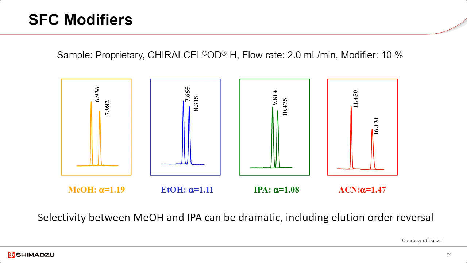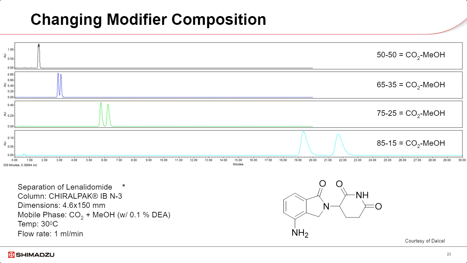And it's also worth noting that the order of elution can actually be reversed in some instances just by changing the content of the modifier. So here's another example where we're not looking at changing the modifier, but the composition of the modifier.